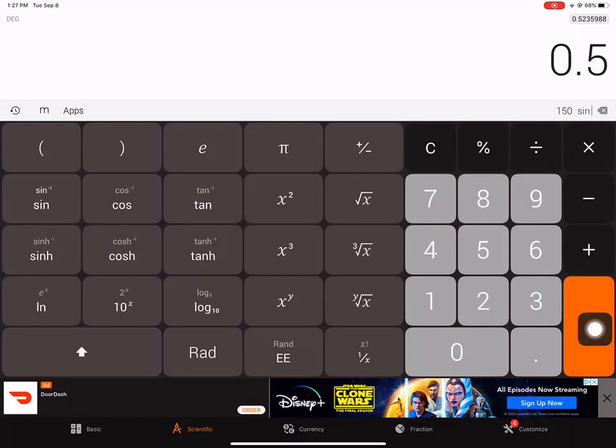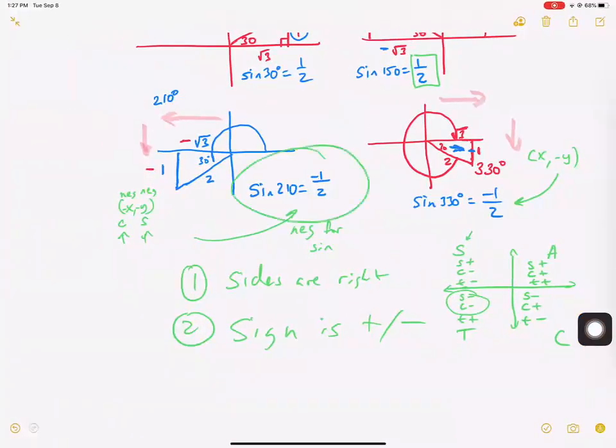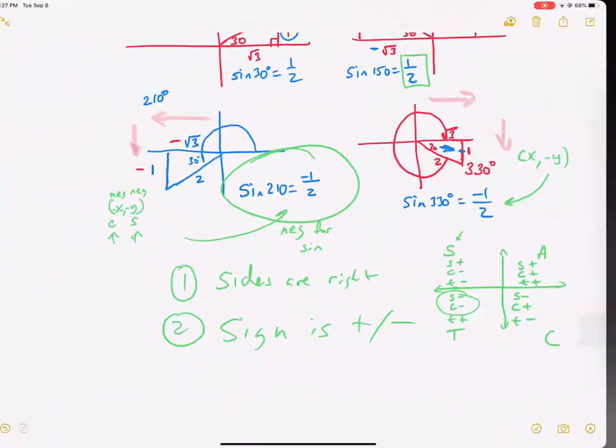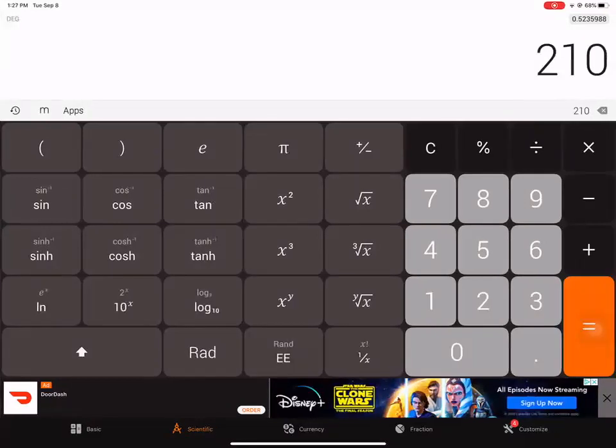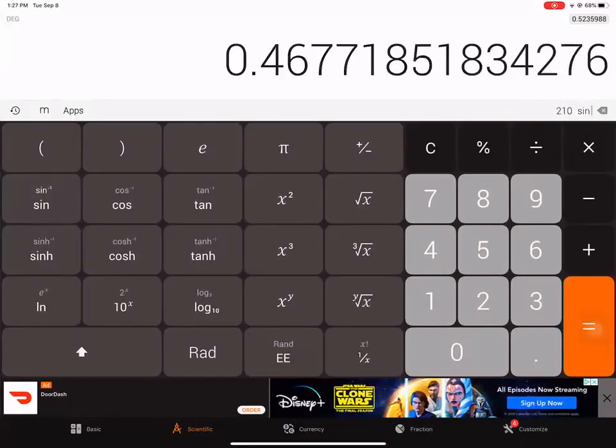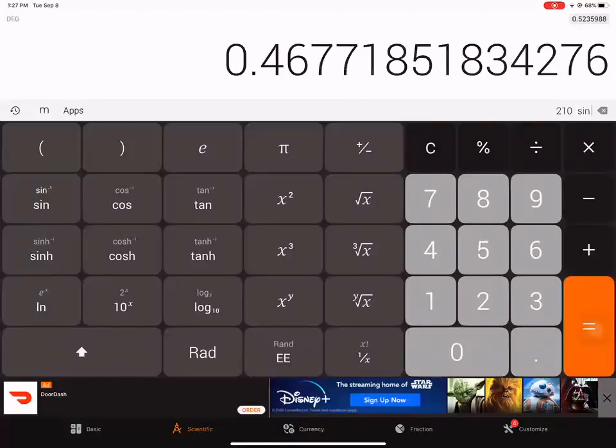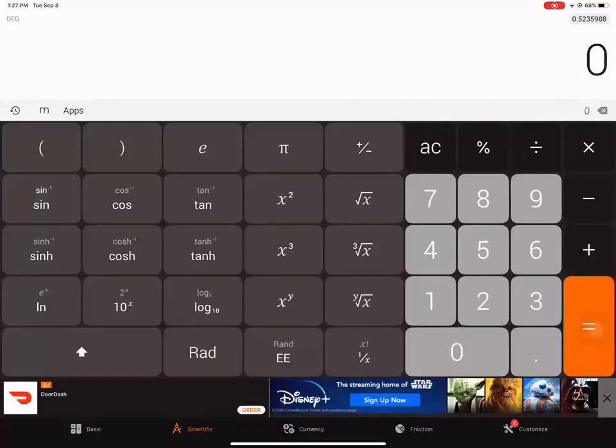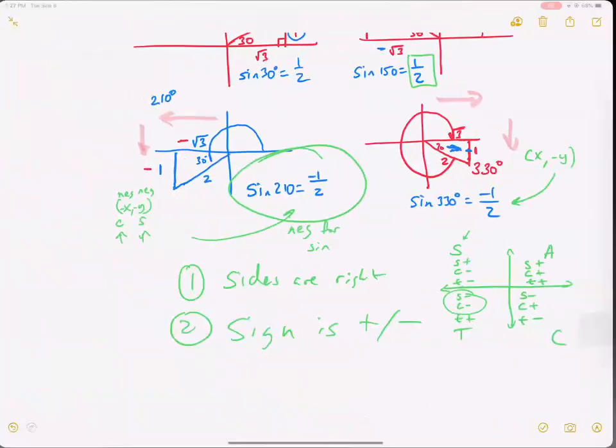How about let's do 210. 210 here, that's going to be negative 1/2, okay? Negative 1/2. So sine of 210. I need to clear it, I think. 210, sine it, negative 1/2, which is exactly what we got over here without a calculator.